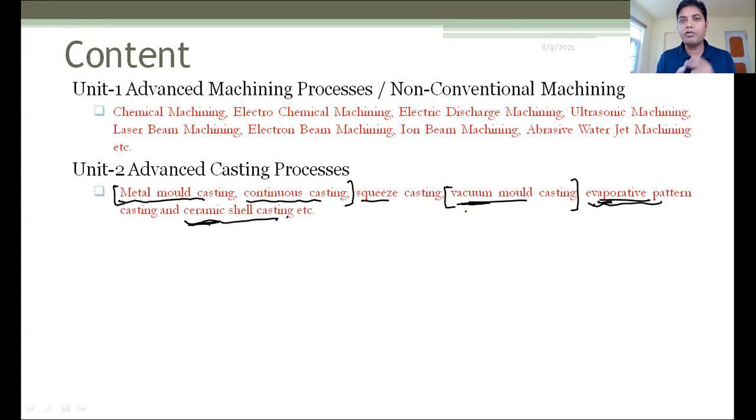If we are creating a vacuum, it means we are creating a negative pressure, so we have to use different types of pumps to create it. That is why the vacuum mold casting process is a little complex as well as very costly. Generally we use it wherever there is a costly part we have to prepare. This we will study in the advanced casting processes.